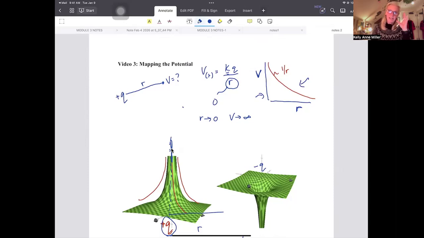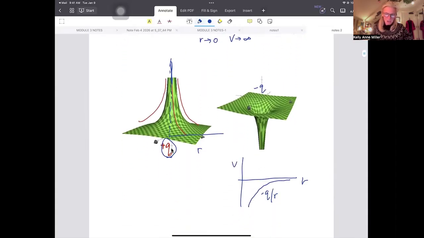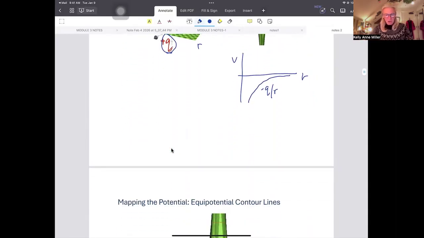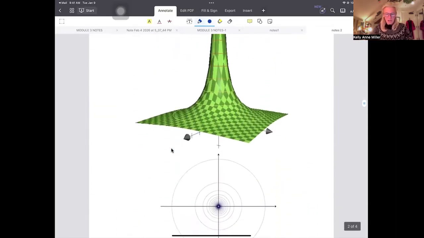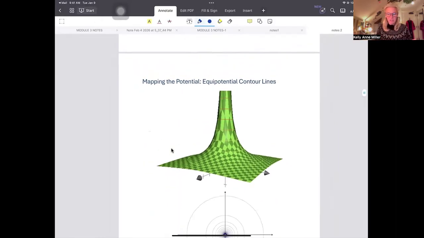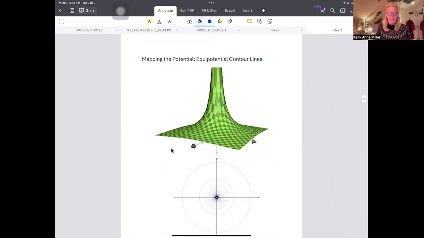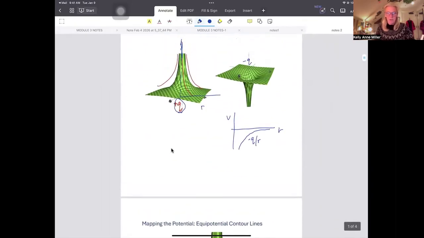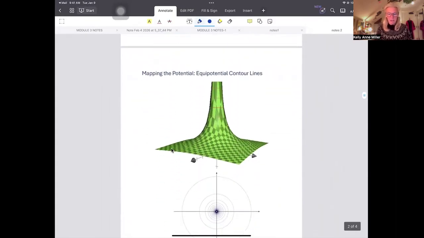Okay, so another way to look at this is if we were to try to project the potential onto a one-dimensional plot. This green contour is exactly the same as what we've drawn here, it's just bigger.